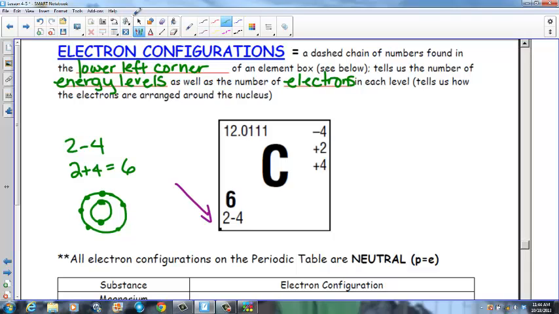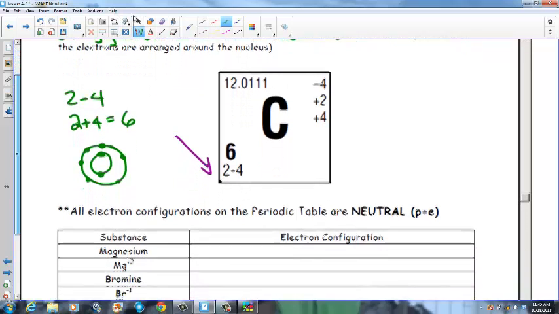Okay, just like that. So I didn't do that very even, but it's okay. We're just showing there's 6 on the second energy level, 2 in the first, and it is in that order. So there will be no more than 2 in the first energy level and no more than 8. So we're going to talk about that in a second.